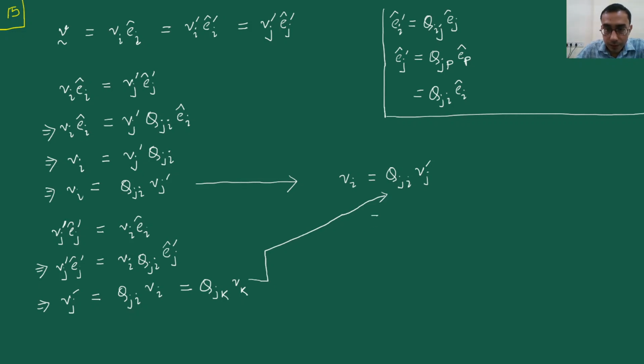So what I obtain is Qji, so the Vj dash will become Qjk Vk. Now in the next step, what we can do is, we see that on the left hand side we have a Vi, and on the right hand side we have a Vk.